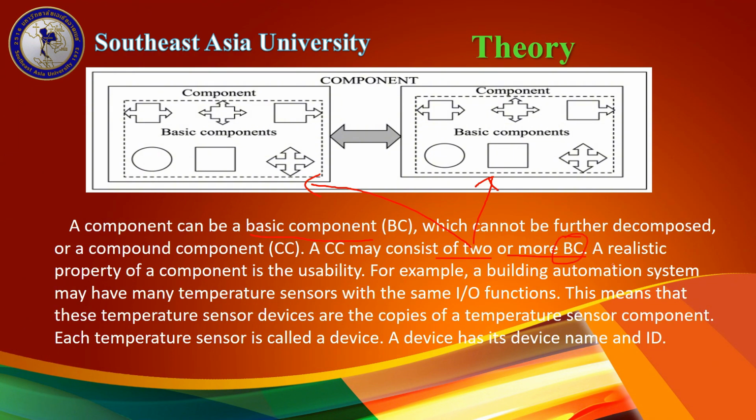A realistic property of a component is the reusability. For example, a building automation system may have many temperature sensors with the same I/O functions. This means that these temperature sensor devices are the copies of a temperature sensor component.